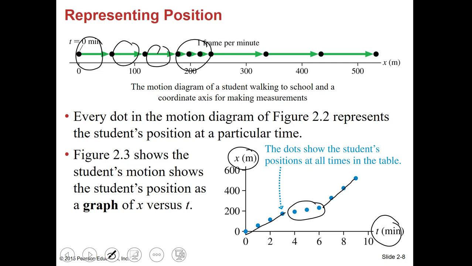And then in this region, 4 to 6 minutes, we slow down. And then this region here, we're speeding up again, as you can see from the length of the arrows here. Okay, so we'll be able to look at these things graphically.